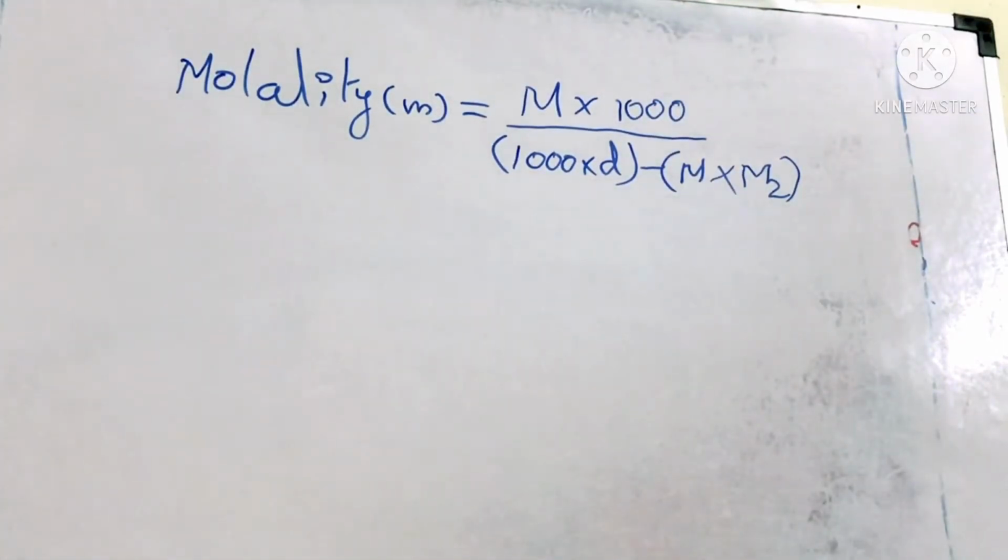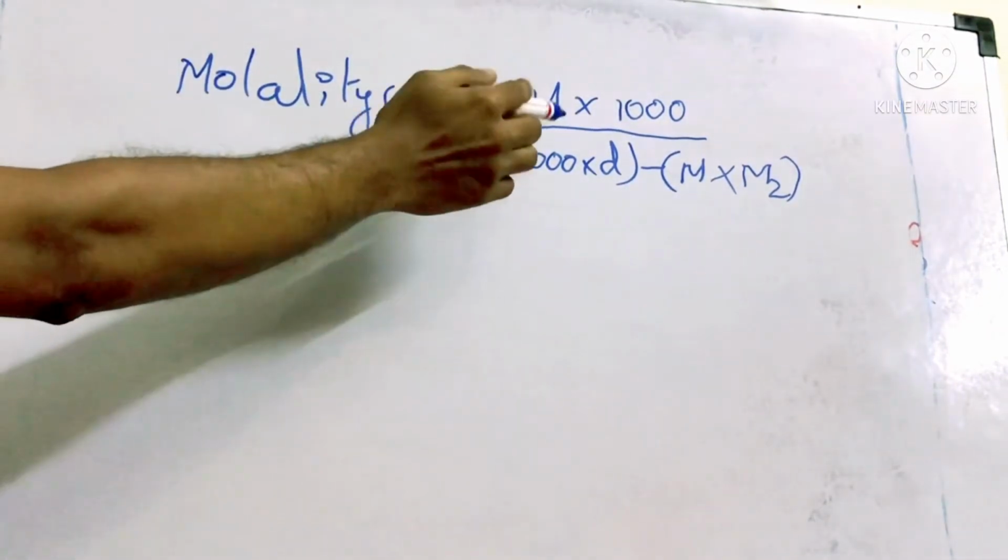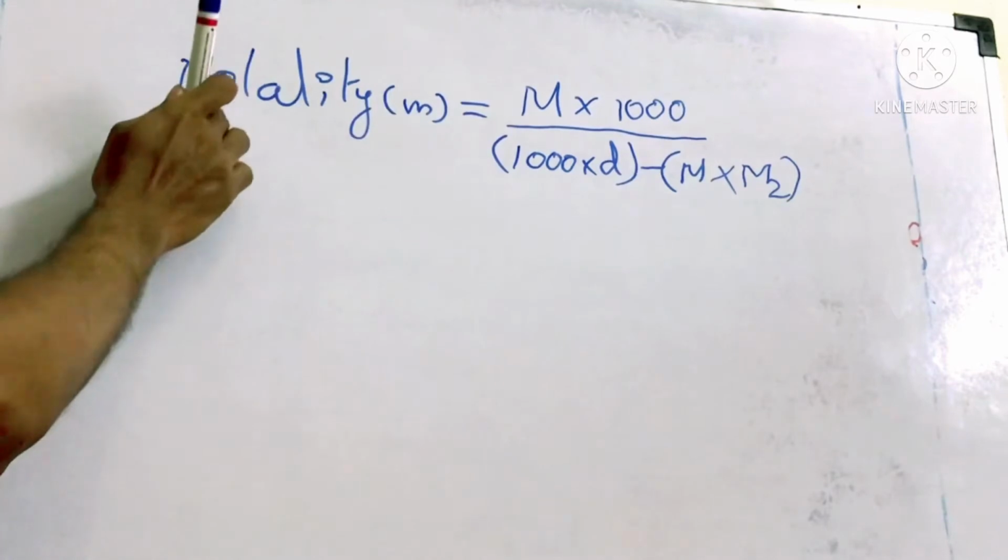So this is the way we can represent this. So molarity can be converted into molality. If they give molarity, you can use this equation and convert it into molality.